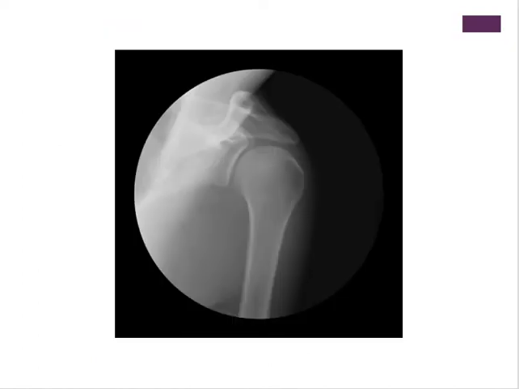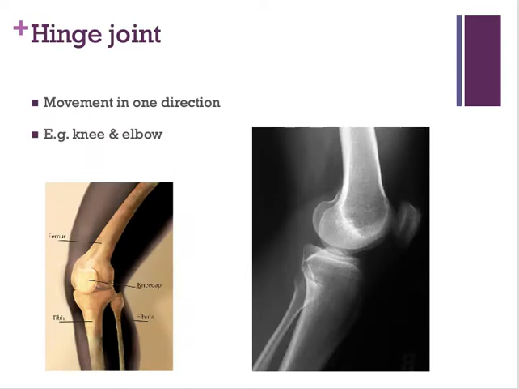There's your shoulder, which is another ball and socket joint. Very, very painful if you have a problem where you dislocate that shoulder frequently. Not uncommon in the early teenage years, unfortunately. And then the hinge joint.